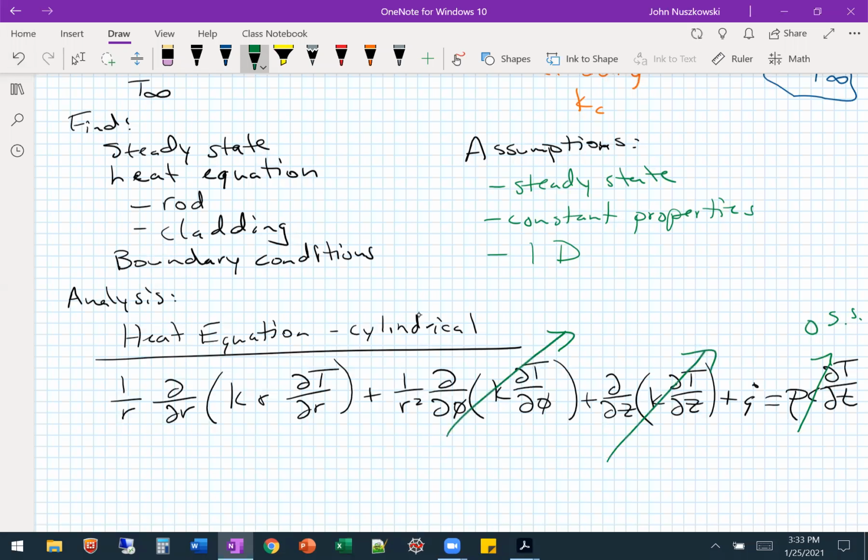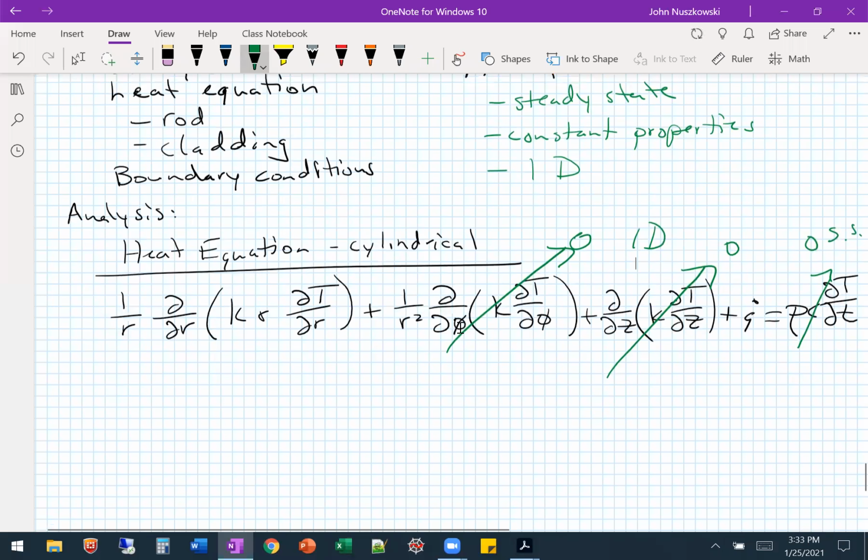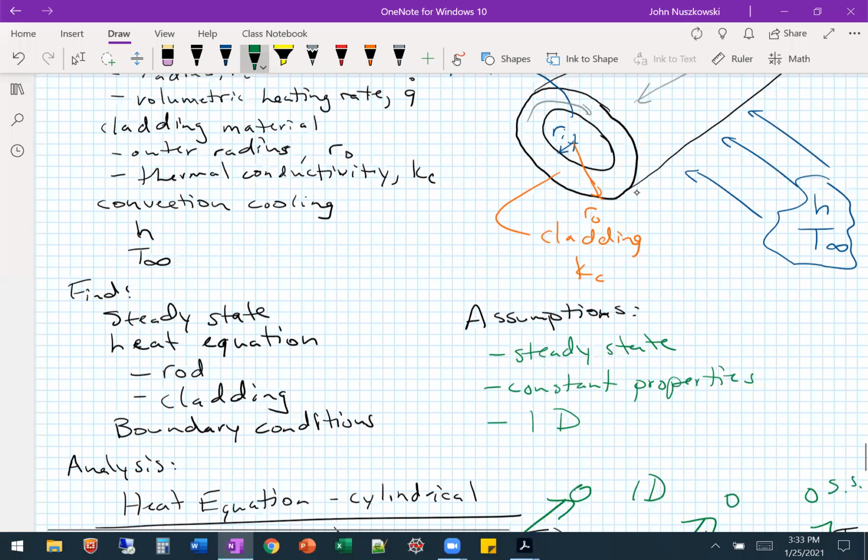this term and this term. And then we said I had constant properties, so that takes the K out of the d/dr because now the K is not changing as you go through the material. Okay, so although you see the K changing from the rod to the cladding material, we'll have a different heat equation to solve for each of those.